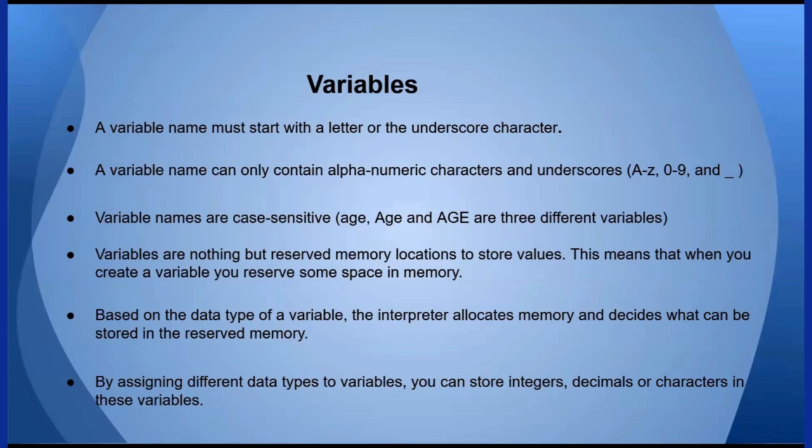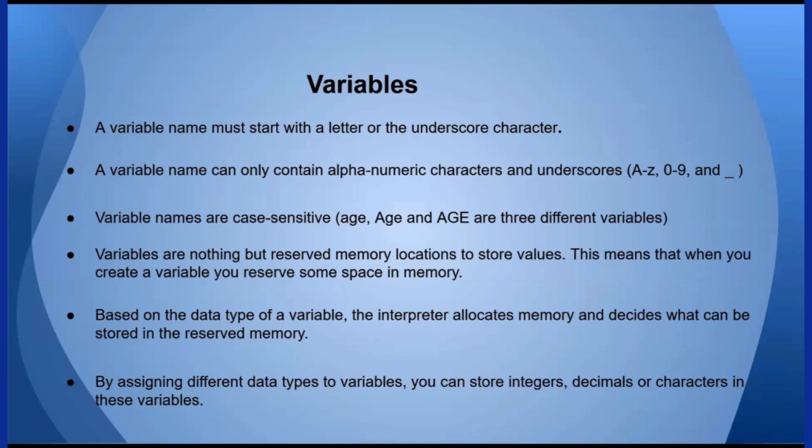As Python is a case sensitive language, variables are also case sensitive. So you can see I have written age, Age, and AGE. These are 3 different variables for Python. Why? Because the first is all lowercase, the second is a combination of upper and lowercase, and the third is all uppercase. So it will treat them as 3 different variables.